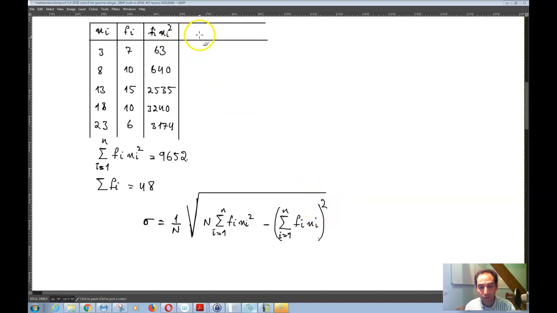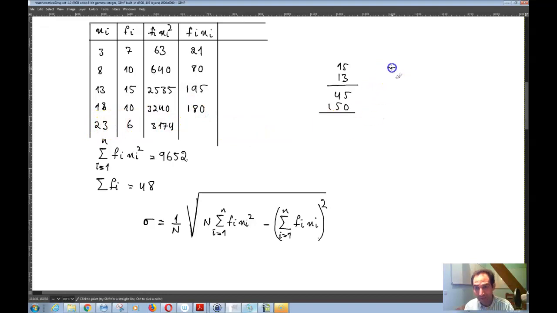So f of i times x of i is equal to 13 times 15, which is equal to 195. 18 times 10 is equal to 180. 23 times 6 is equal to 138.